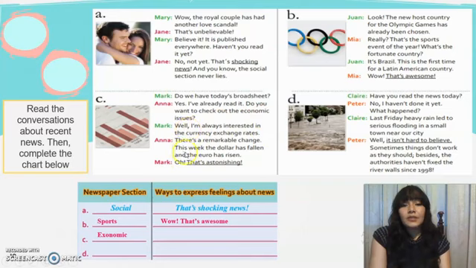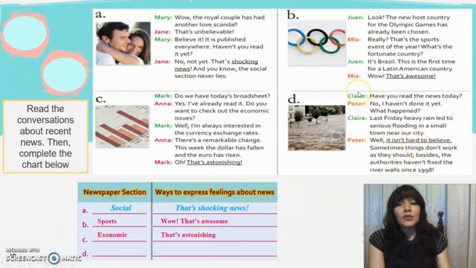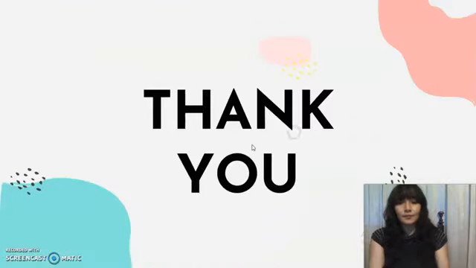And the expression is "that's astonishing." So let's continue with the next one. Here we are talking about that heavy rain in our city. So we are talking about local news. And the expression is "it isn't hard to believe."